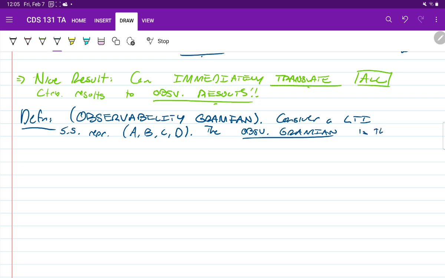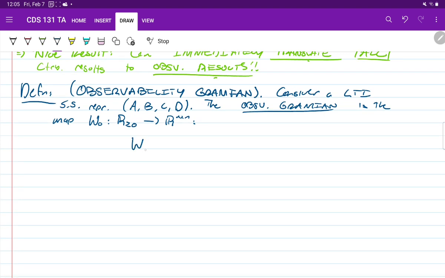is the map W_O, for observability, from R greater than or equal to 0 to R^(n by n). This is defined as W_O(t) equal to the integral from 0 up until time t of e^(A transpose tau) C transpose C e^(A tau) d tau.